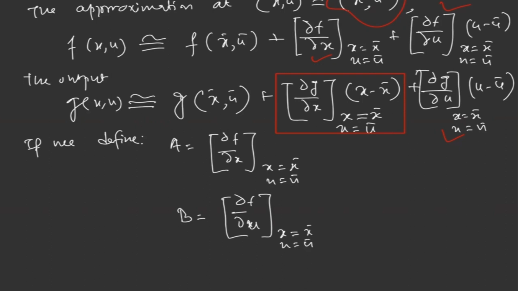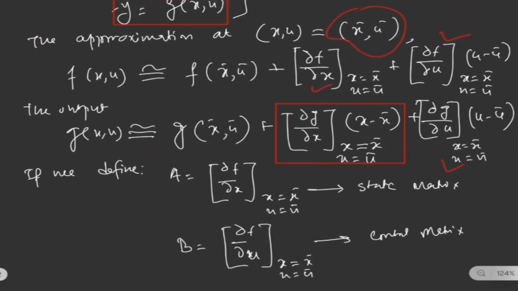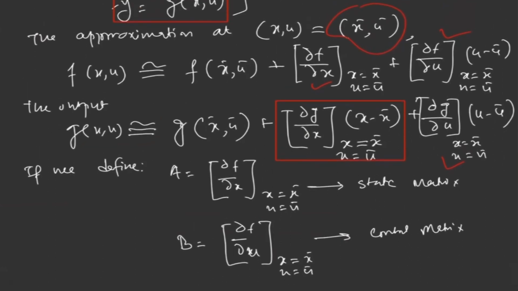In control systems, this is called the state matrix, and this is called the control matrix. We'll come back to these things extensively in future lectures. For the time being, please remember this is called the state matrix and the control matrix.